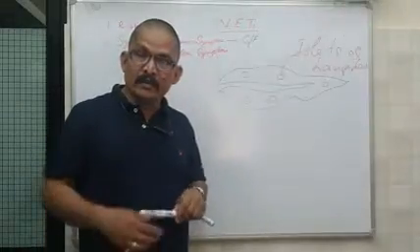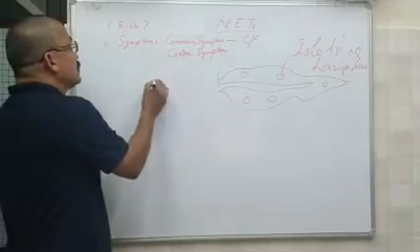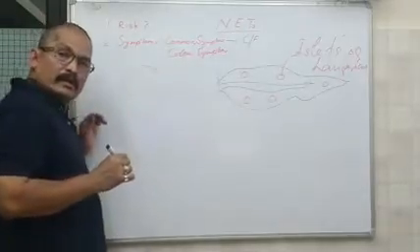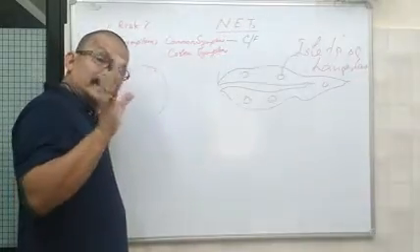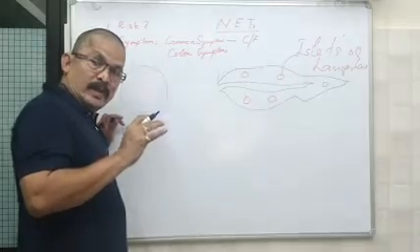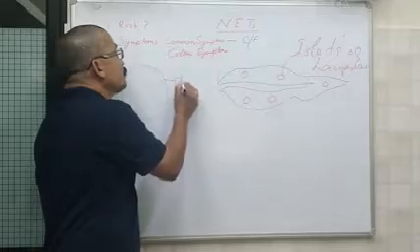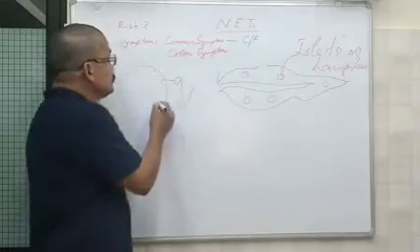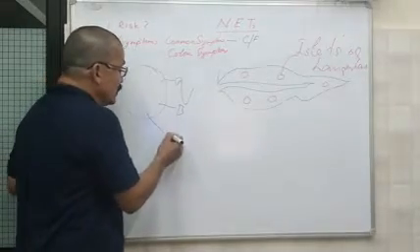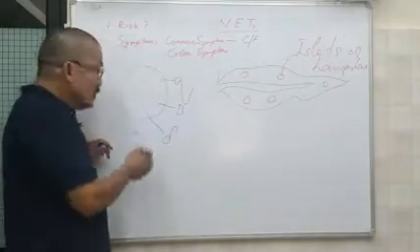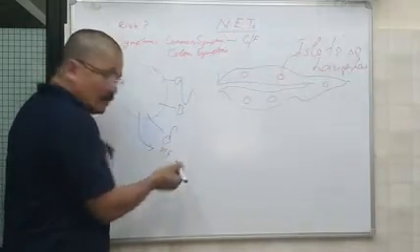In the detailed study of islets of Langerhans, you know that these islets are filled by specialized cells, and the details of the cells are alpha cells, then beta cells, then delta cells, and polypeptide or F cells.